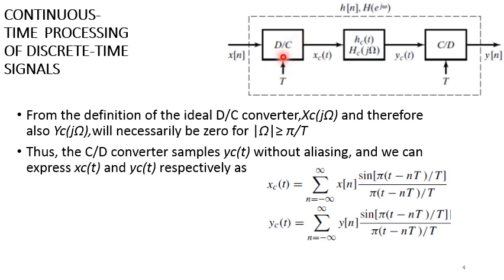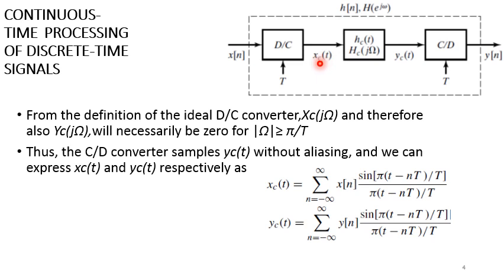By doing this, we get the continuous version of the input signal. Then we have the continuous time system, which is h_c(t), that is, h_c(t) is the impulse response. You understand the impulse response is in the time domain, whereas the equivalent frequency response is represented by H_c(j omega). So you understand C here signifies that the system is continuous.